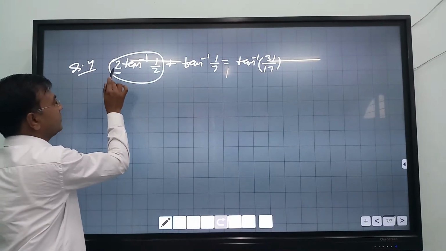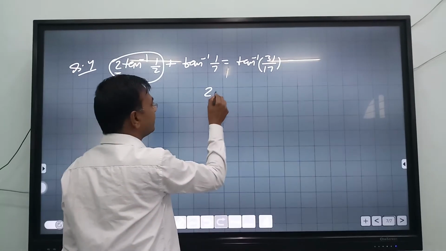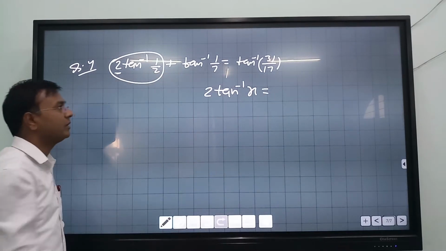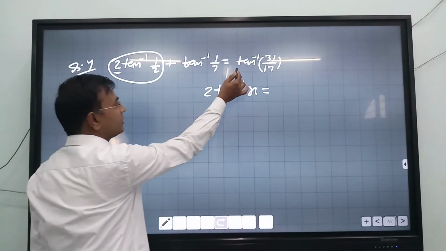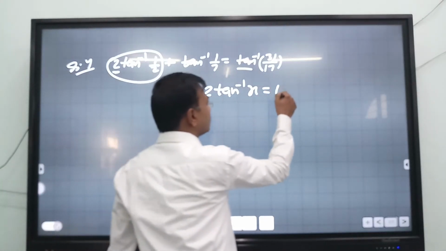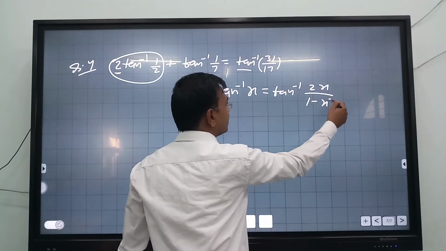here 2 is coming, 2 tan inverse something. So recall the identity. What was the identity? 2 tan inverse x is clearly forming here, and now the result we want in terms of tan. There are 3 identities of 2 tan inverse x. So we have to prefer tan inverse of 2x upon 1 minus x square.